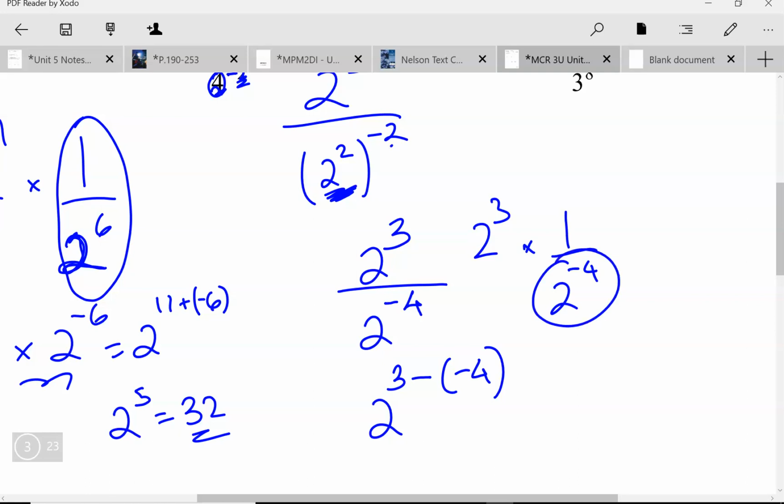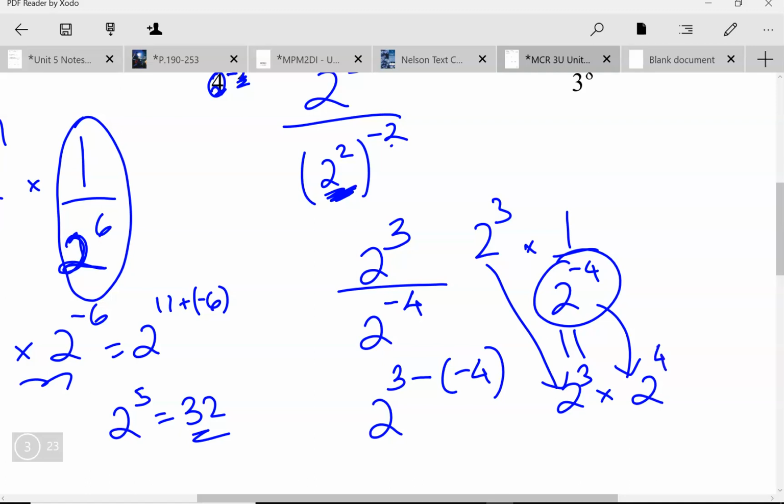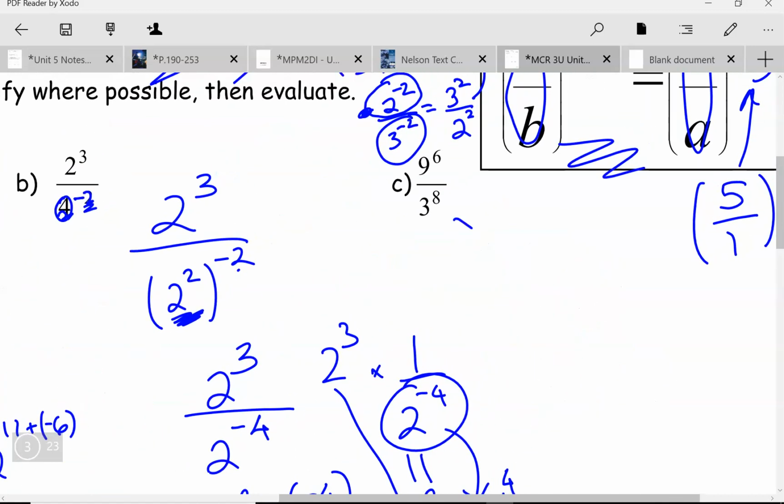This thing here, the base is 2 in the denominator. So I'm going to convert that. This becomes the numerator, and I'm going to flip the sign. So it's actually 3 plus 4, the same thing as I get here. So again, 2 to the power of 7 is 32, 64, 128. That's the answer. And hopefully we're seeing how to do this.